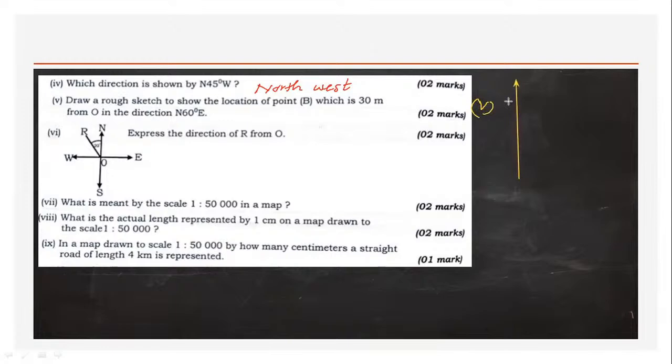So this is the north direction, and how much here? The location of point B. How much here? 60.